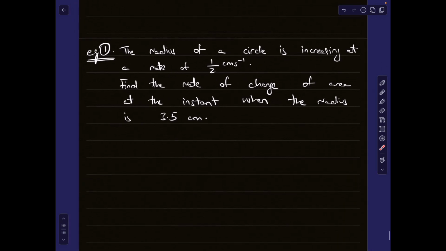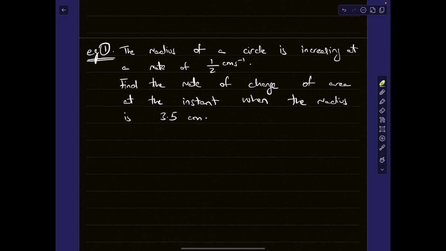So, this is the first example. The radius of a circle is increasing at a rate of half centimeter per second. So, since it is centimeter per second, it's with respect to time. That's what we know.